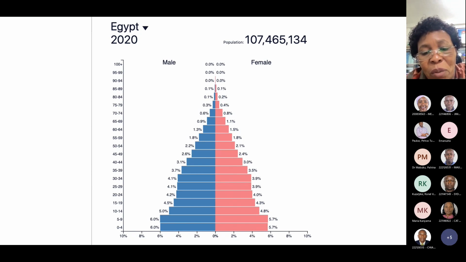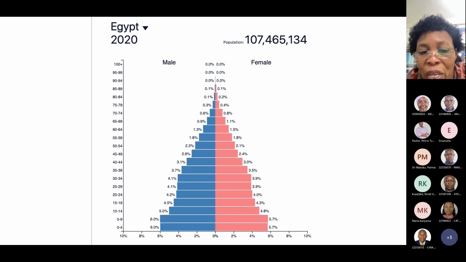Now let's go back to the point of availability of water, good sanitation, and good hygiene with regards to Egypt as opposed to the pyramids of other countries that I'm going to share with you. Now the 5 to 9 bar shows survivors of 0 to 4. I hope it makes sense. A child born today, before the child reaches first birthday, is considered 0 years.